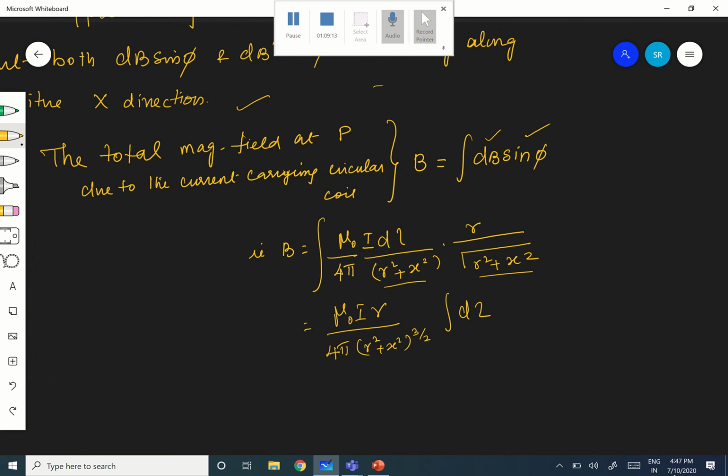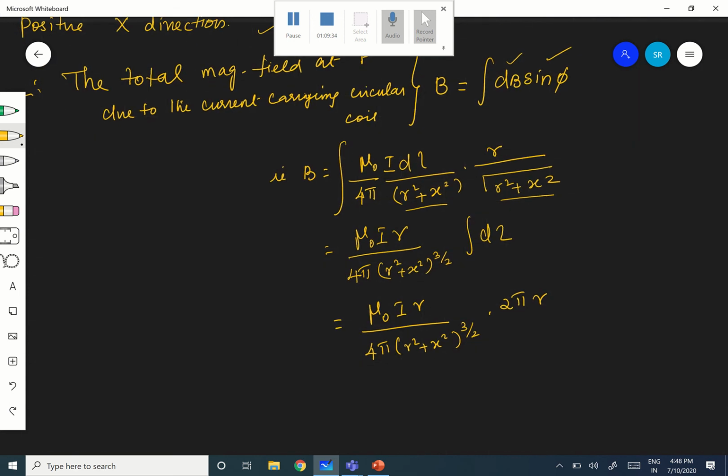Therefore, that is equal to mu naught I r by 4 pi into r square plus x square, the whole power 3/2. Integral dl is nothing but the circumference, that is 2 pi r. Are you following? Therefore, this and this cancels.